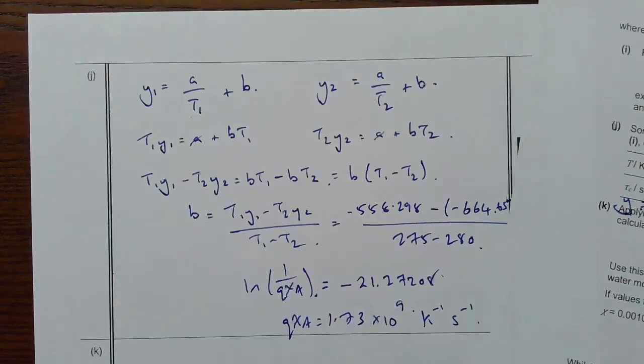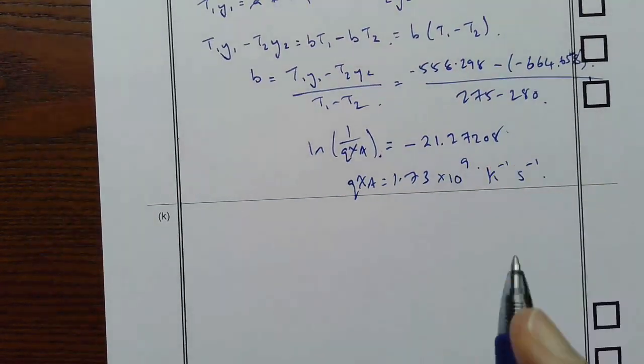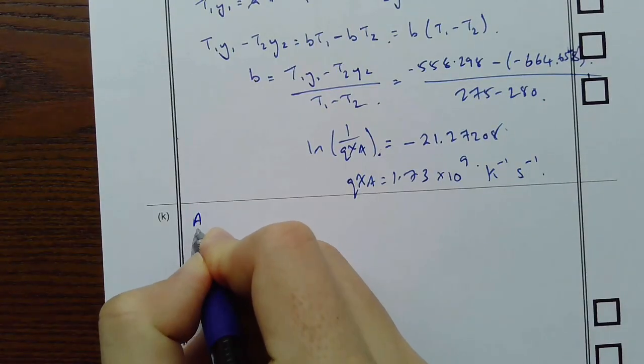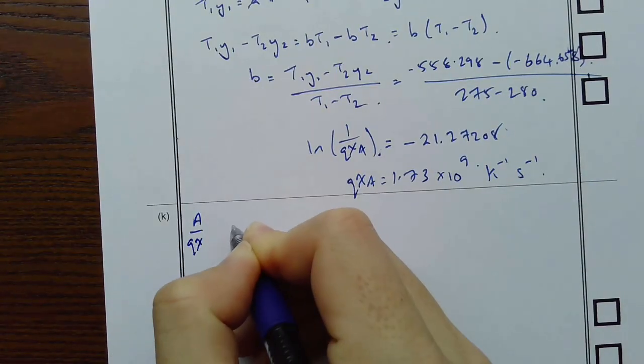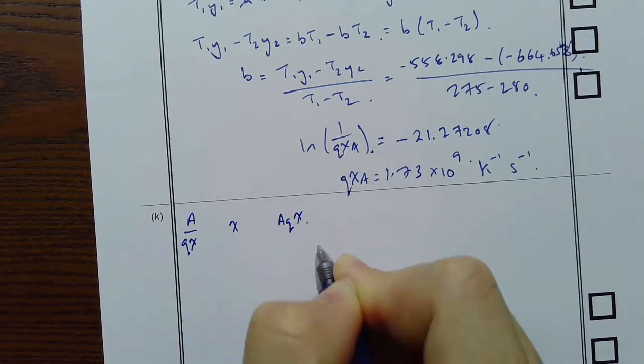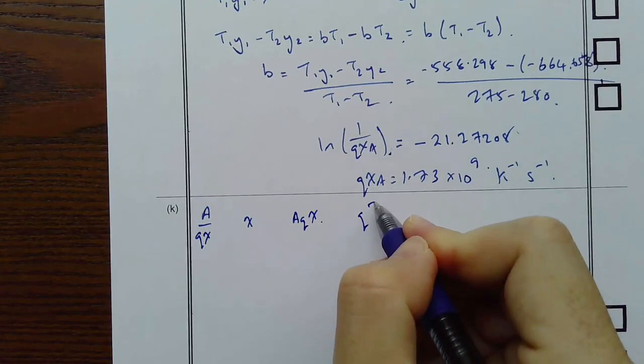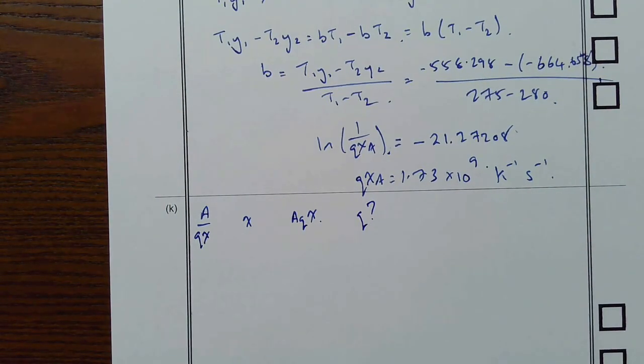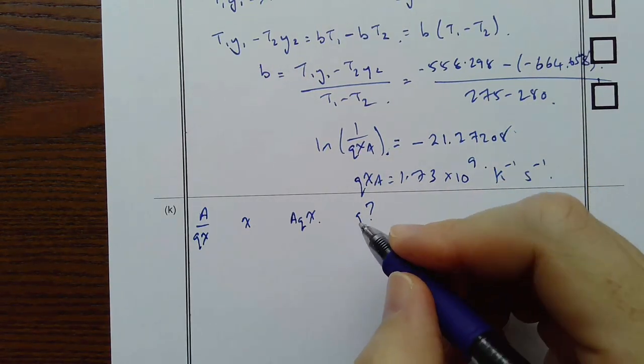Alright, I know it's a bit of a mouthful. So I know A over Q chi. I know chi. And I know A Q chi. And I want to work out Q. Alright? So, how do I do it? Well, let's just try a couple of things, see what happens.